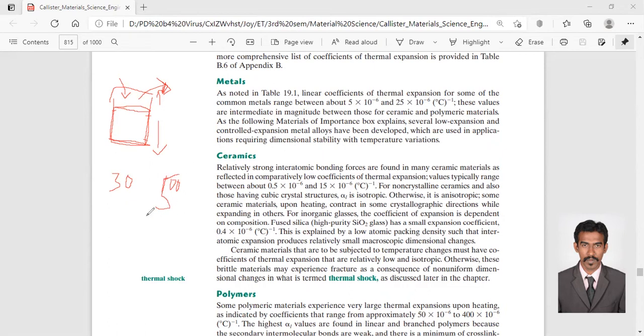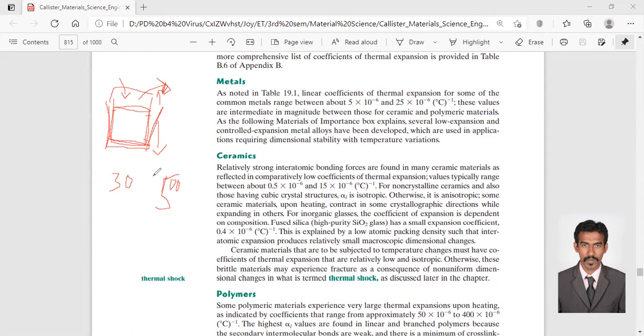So it has increased from 30 to 500 degrees Celsius, which means, according to what we have studied so far, there should be thermal expansion. At high temperatures this gap would be fine for the metal to move, but at low temperature this gap will be very large, which we don't want.